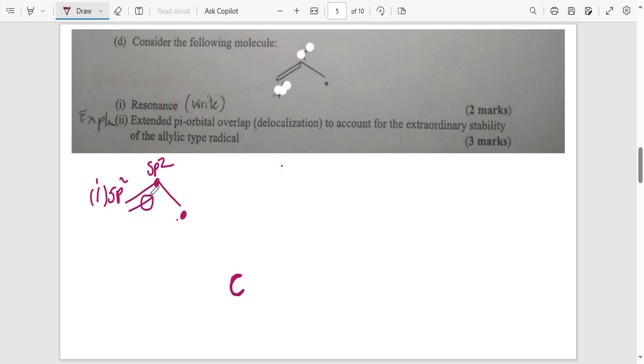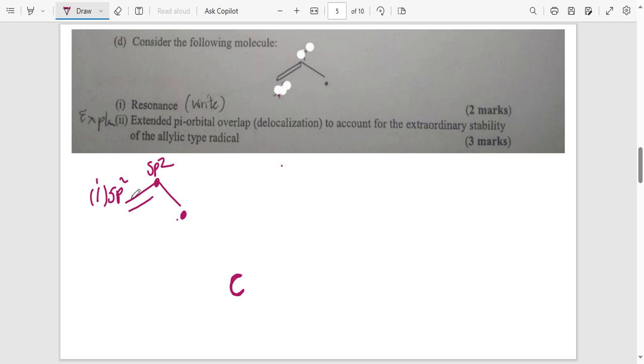It has got one bond, two bonds, three bonds, and the carbon should always have four bonds, meaning that the fourth bond is a hydrogen. Now these are hybrid orbitals.